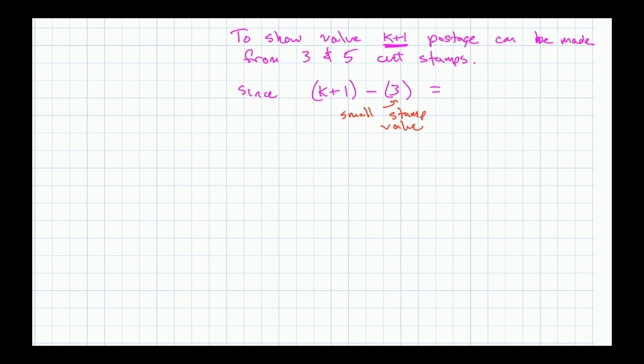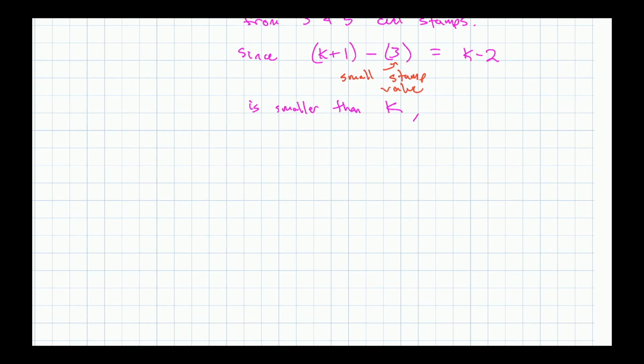Well, k plus 1 minus 3 is going to be k minus 2, but that's only for this problem. So since k plus 1 minus 3 equals k minus 2, and that's smaller than k, we know that you can make k minus 2 postage. Right? Because it's smaller than k, you can make that postage because that was the induction hypothesis.